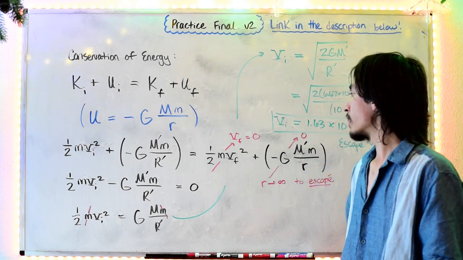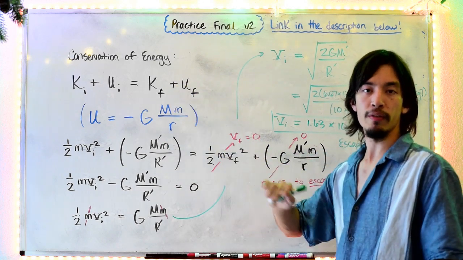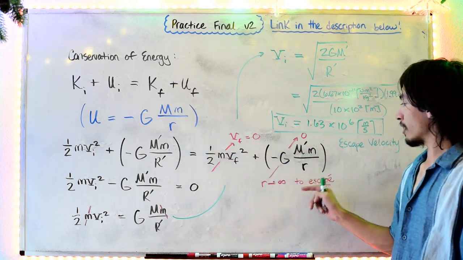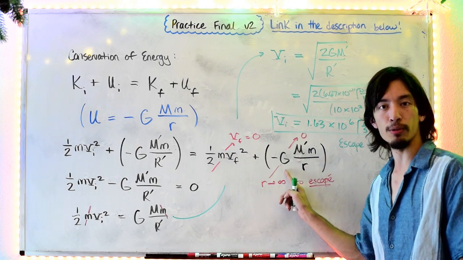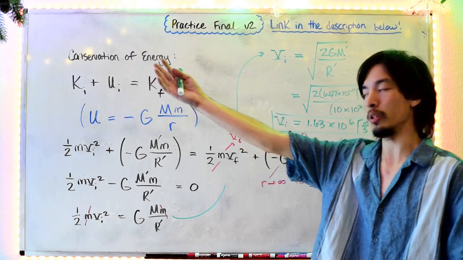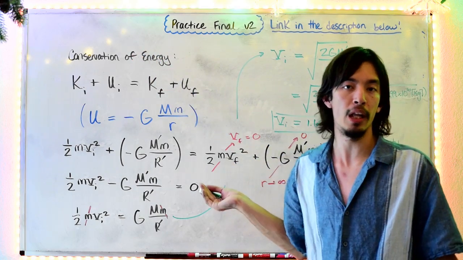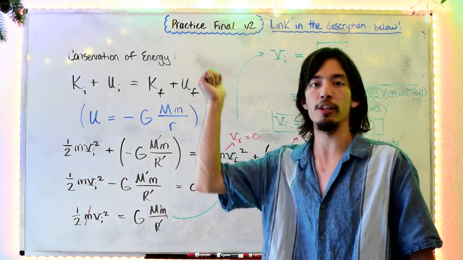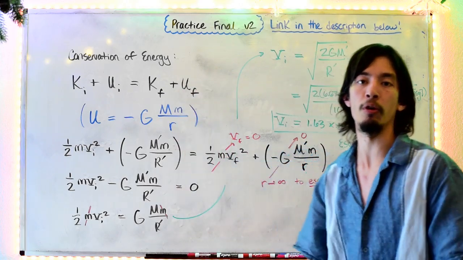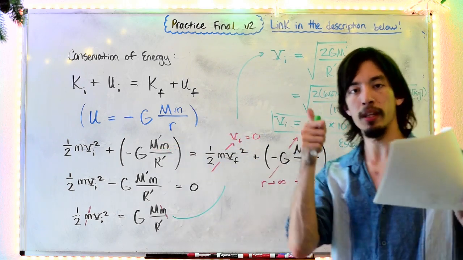The main principle is the conservation of energy. Apply the conservation of energy, understand that the potential energy goes to 0 at infinity because you are taking it infinitely far away to truly escape it, and that in the minimum case scenario, you have no velocity left over by the time you've escaped it. You've just run out of fuel at that time. If you understand all that conceptually, then you're in good shape.